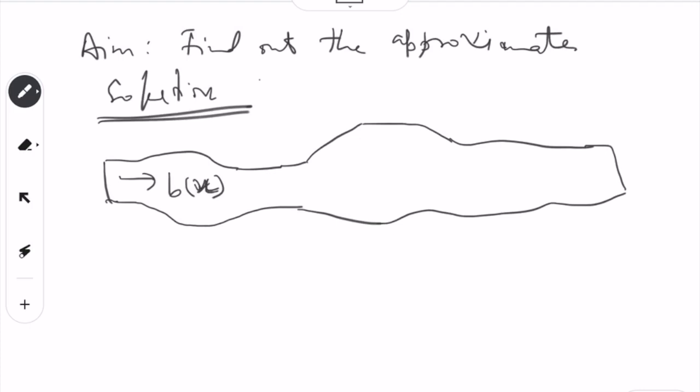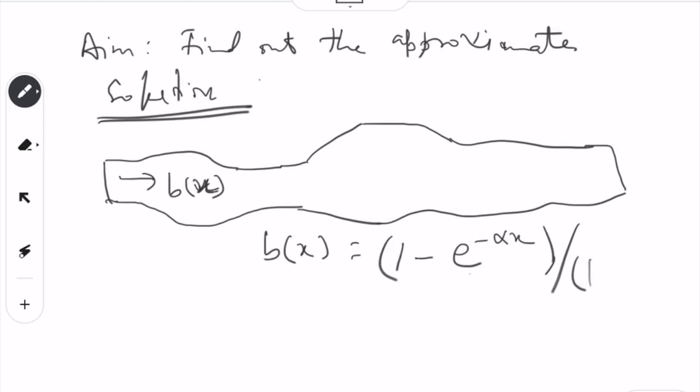It could be b of x equal to maybe 1 minus e to the power minus alpha x, divided by beta plus x, maybe complicated so that we cannot integrate it.